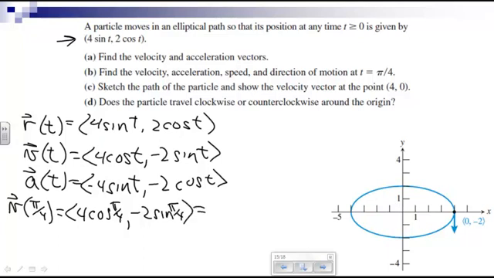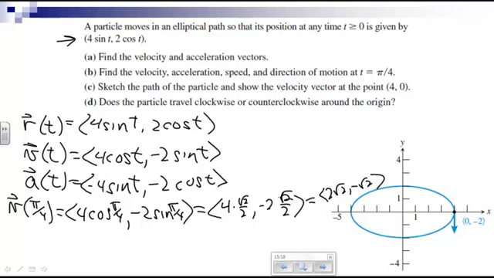Cosine of pi over 4 is root 2 over 2. So it's 4 times root 2 over 2, comma, negative 2 times root 2 over 2, and we end up with 2 root 2, comma, negative root 2. All right, there's our velocity. Plug and chug again for the acceleration.